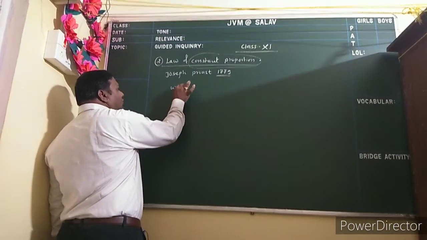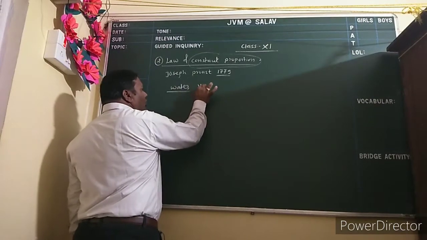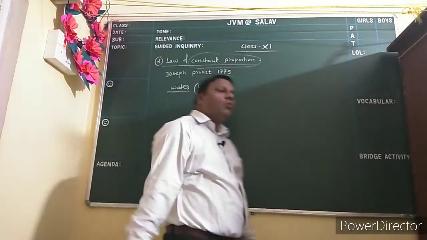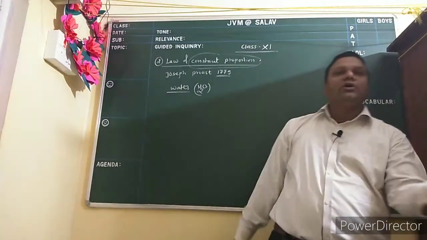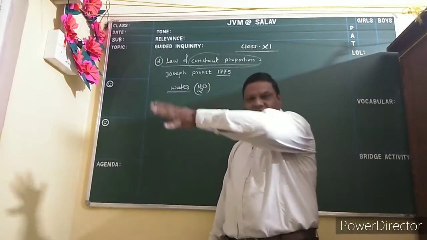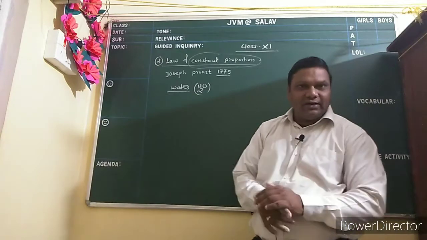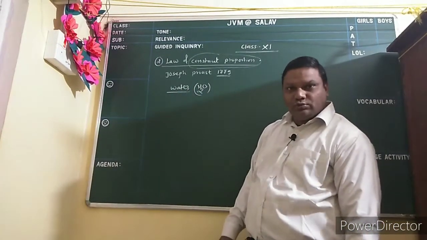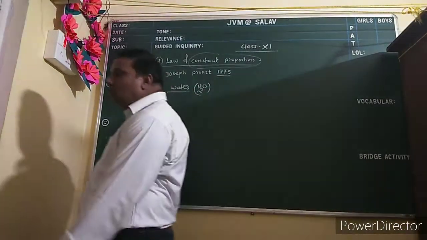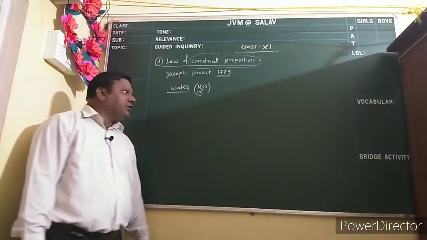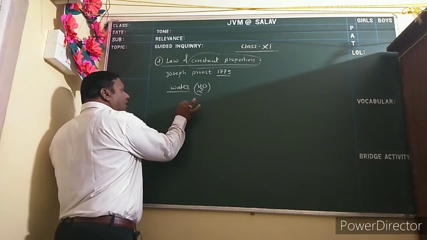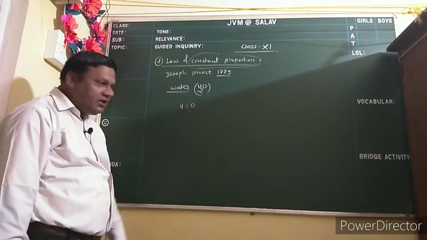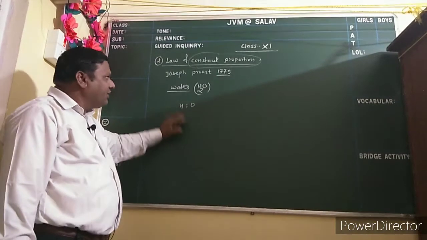Just for example, we say water. Now the formula of water is H2O. You know the different sources of water: river, sea, lake, rainwater, etc. But the chemical composition remains the same, H2O, and in H2O the proportion between hydrogen and oxygen remains the same.